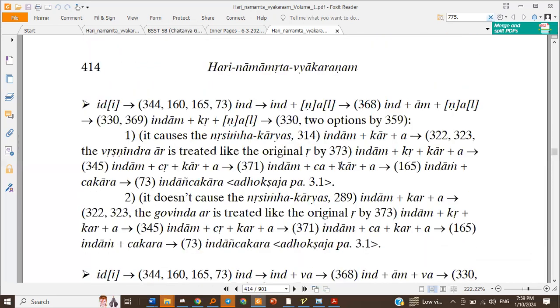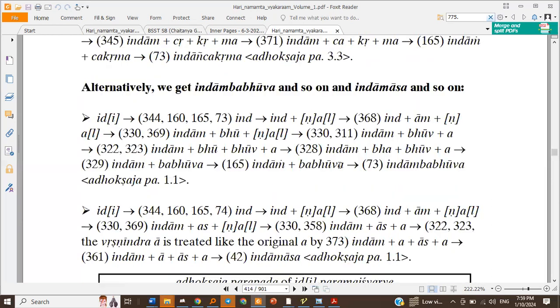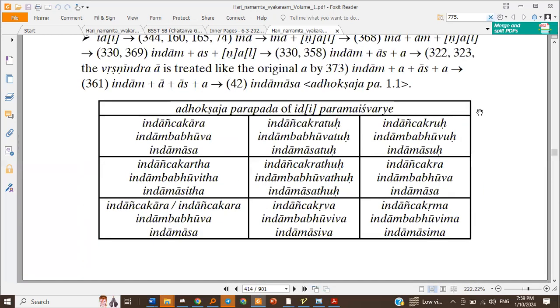So like that, we get the forms. Here are the forms: Indang Chakar Chakratu Chakrahu Babhu Babhu Batu Babhu, and so on.